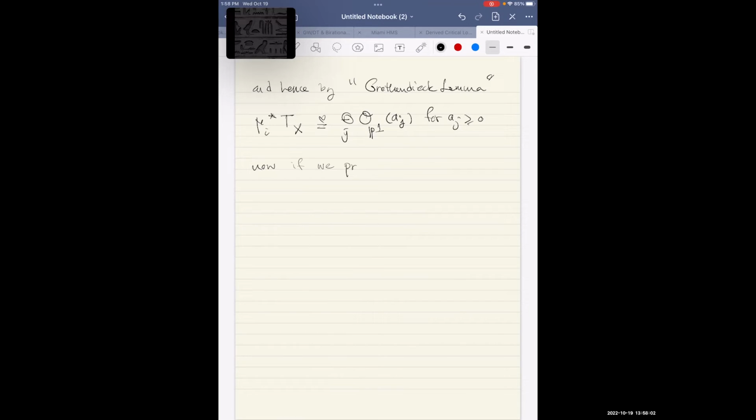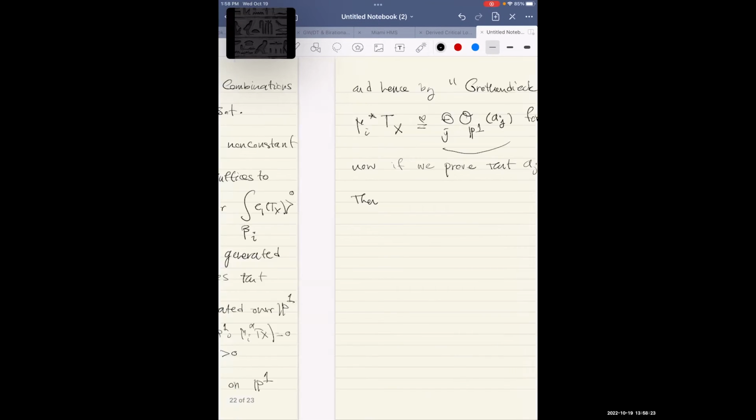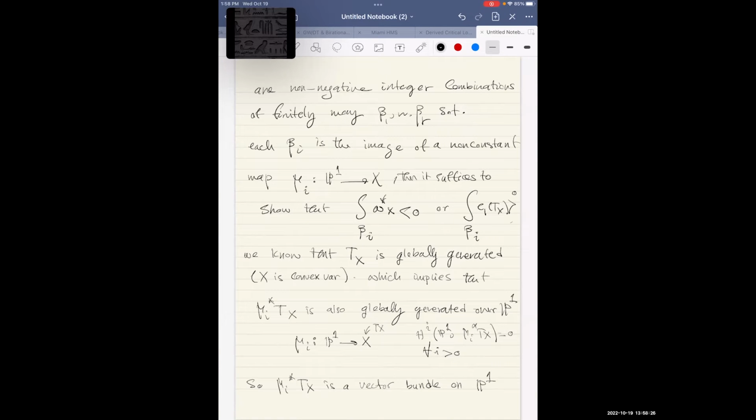So if we prove that a_j is actually strictly bigger than 0, then if I integrate c1 of this whole thing, it has to be written in terms of the a_j's. This quantity that we are trying to calculate, c1 of the pullback of the tangent bundle, is the c1 of the sum of the O_P1(a_j)'s, and that's basically the degree.